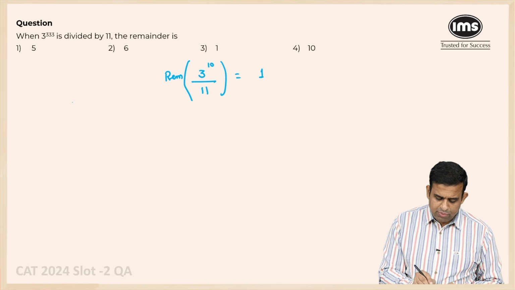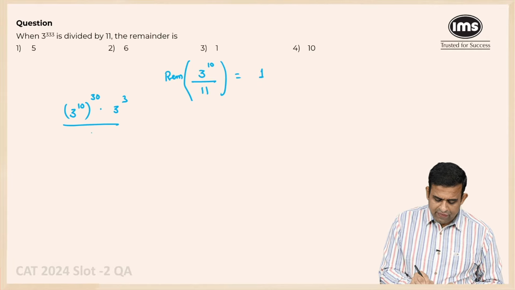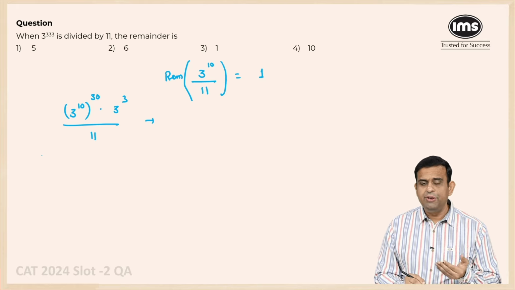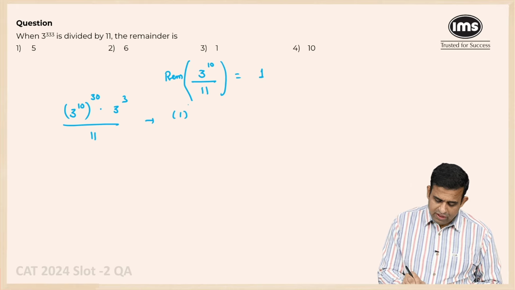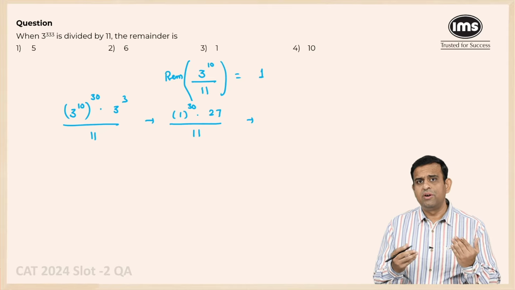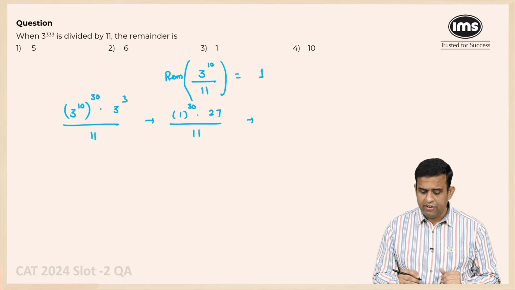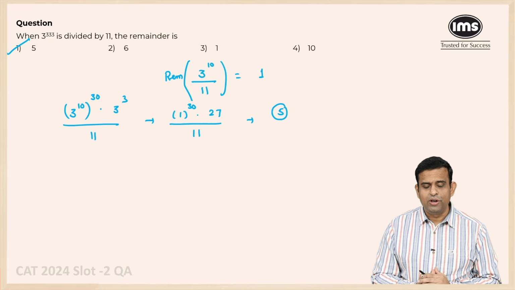One can write this number as 3 raised to 10 whole raised to 30 into 3 cube when divided by 11. Now 3 power 10 by 11 will give me remainder 1, so we have 1 power 30, which is 1. 3 cube, which is 27, divided by 11 will give you a remainder of 5. So one can mark option number 1 as the answer.